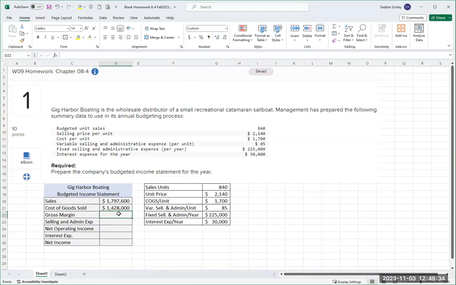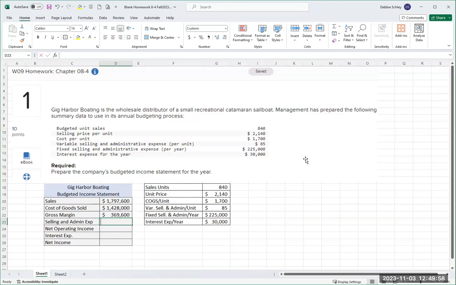And then I will take my sales minus cost of goods sold. There's my gross margin. Okay, selling and administrative expense. This one is a little tricky because there is a variable part and a fixed part, so you need to add those together.